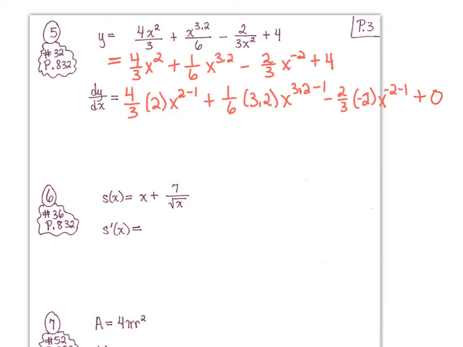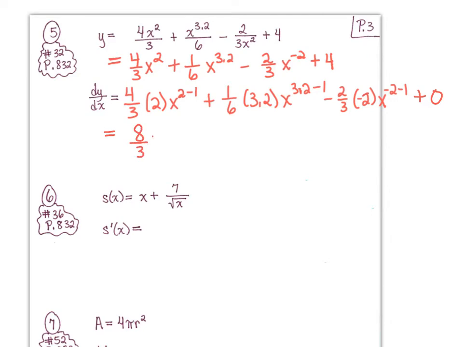Very good. Now when you simplify this, you get what? Four thirds times 2? 8/3. Good.